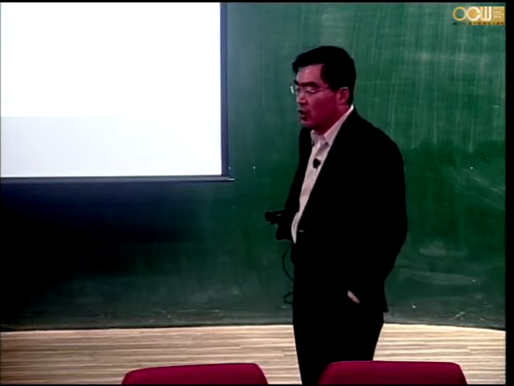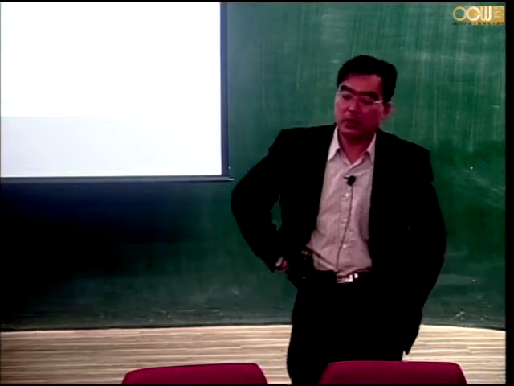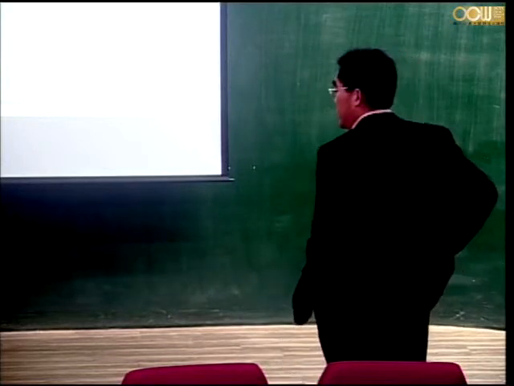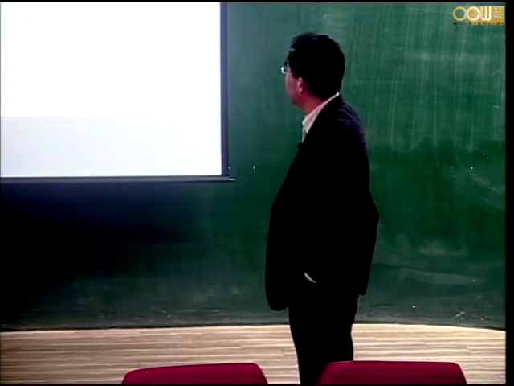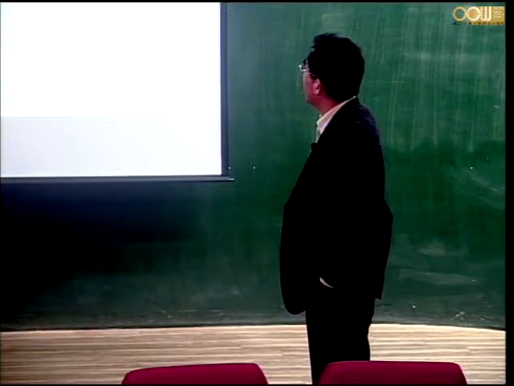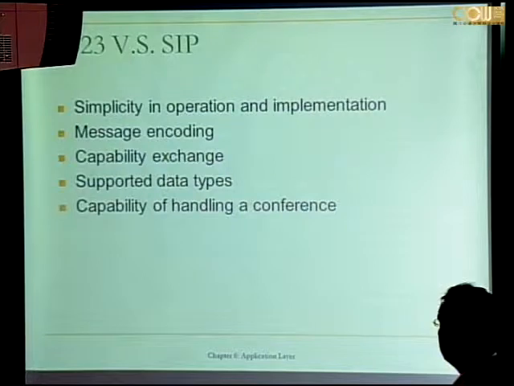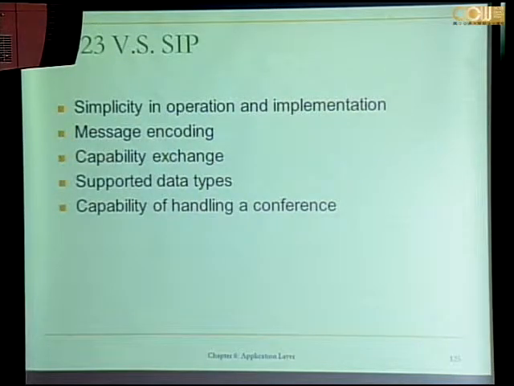So if a call is a plain call that has no features to support, then you don't need to send the options message. And there's some other difference in the way they encode the message and capability exchange. In SIP, it is done only by options. However, in H.323 you need to go through it explicitly.